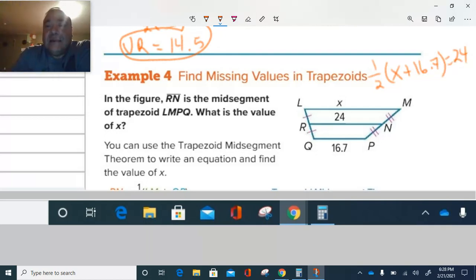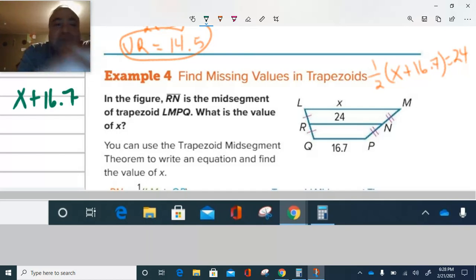Can you see that? So how I came up with this is with the fact that if I added the one base, which was X, and then I added the small base, which was 16.7, to get the mid segment, guys, I had to multiply it by a half. That's how I got that.